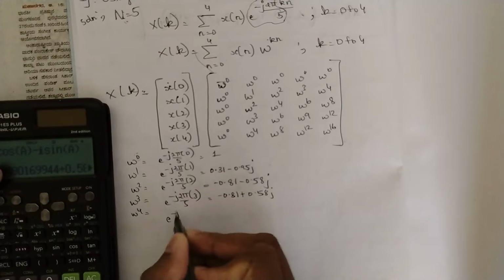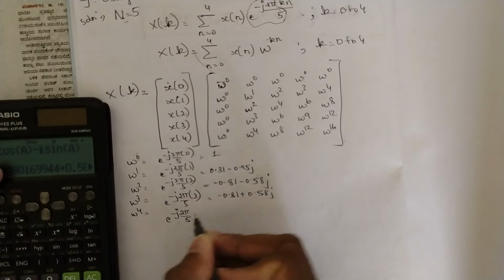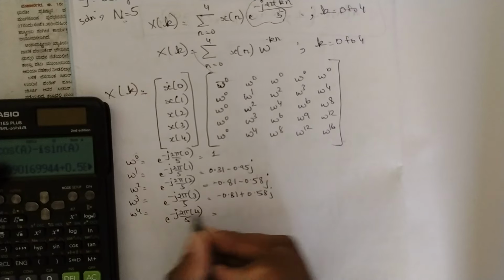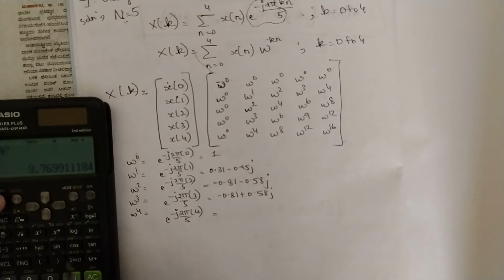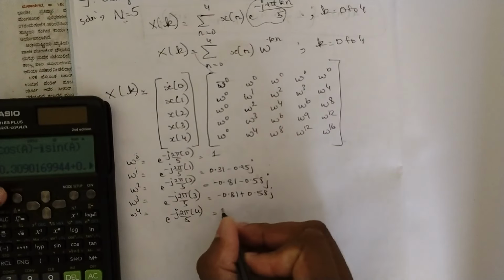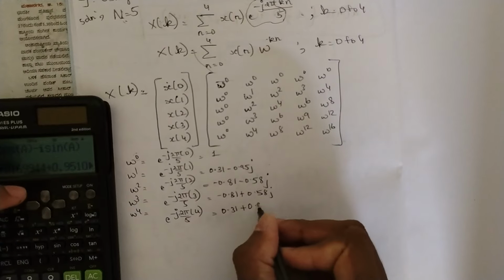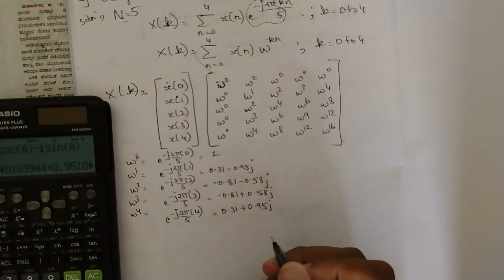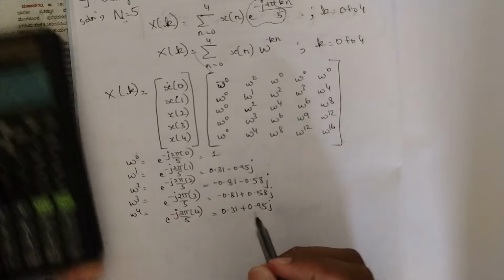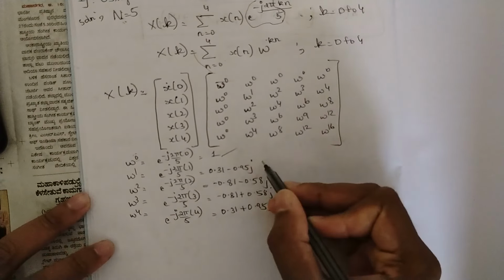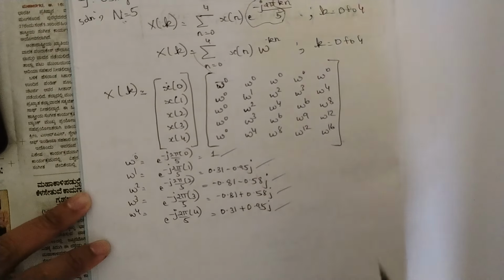Then finally w4, e power minus j 2 pi by 5 into 4. 4 2s are 8, so 8 pi by 5, that is equal to 0.31 plus 0.95 j. Okay, hope this is clear. Like this we found the values of w power 0, 1, 2, 3, 4.